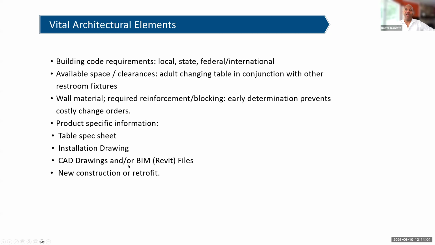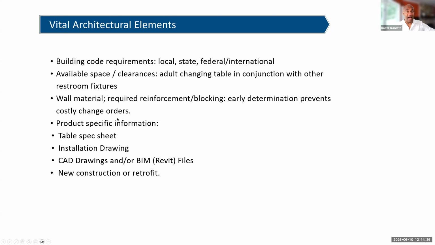Yep. So when it comes to the architectural elements, like you said, you have to consider building code, local, state, and you'll find in California they have their own laws sometimes with local and city government. You have to have the space. I always ask, you need the space. Of course, you need the budget. But the other thing to consider is the wall materials. What type of wall reinforcement, blocking is determined by what's needed for that specific table.